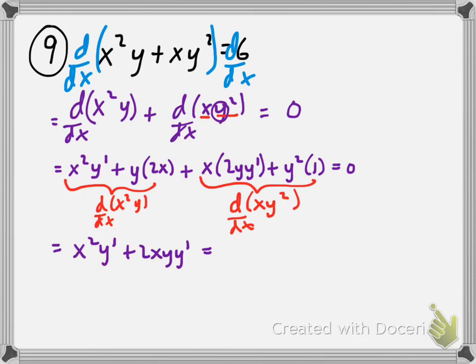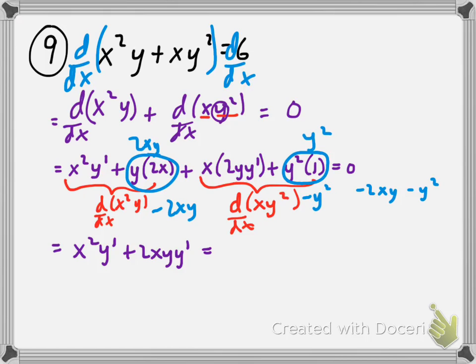We're going to subtract 2xy, and also subtract y squared, from both sides of this equation. In doing that, we end up on the right side with negative 2xy minus y squared.